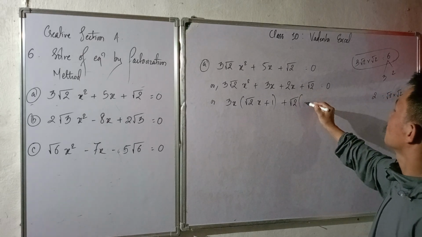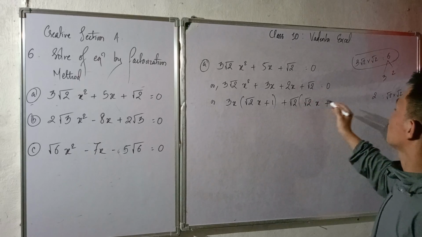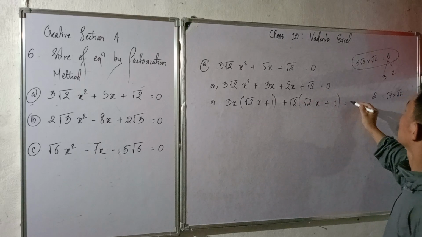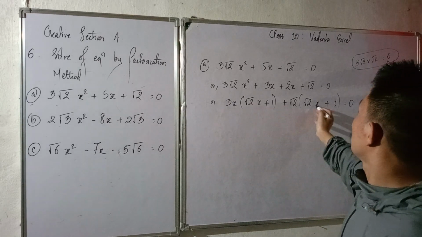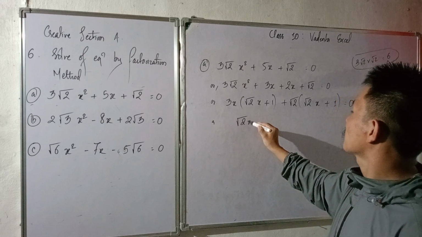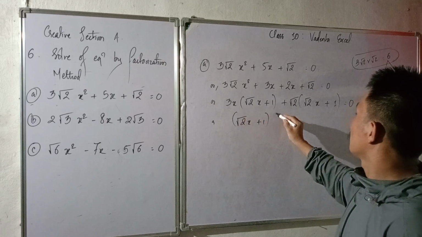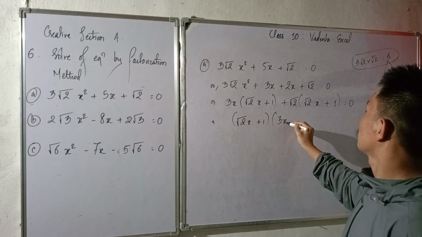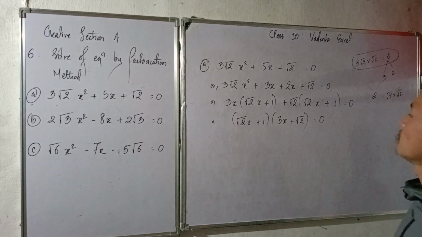The remaining becomes root 2 x plus 1. Now you can take root 2 x plus 1 common, and the remaining is 3x plus root 2 equals 0.